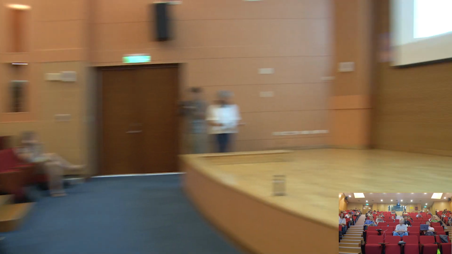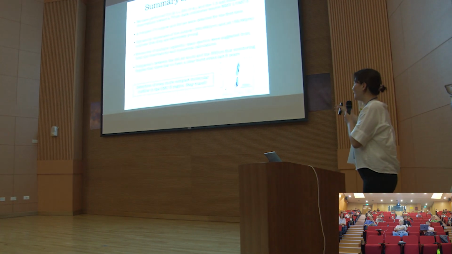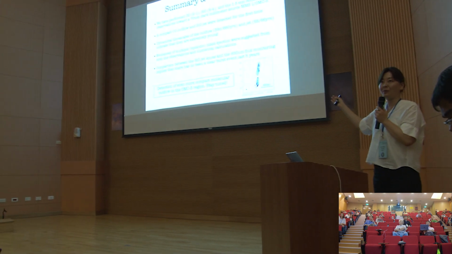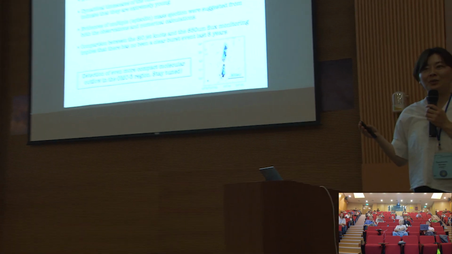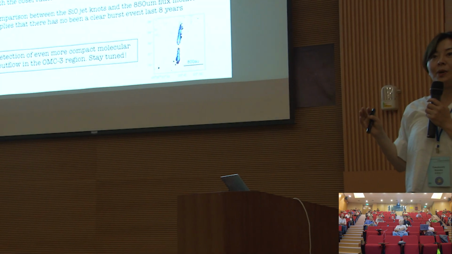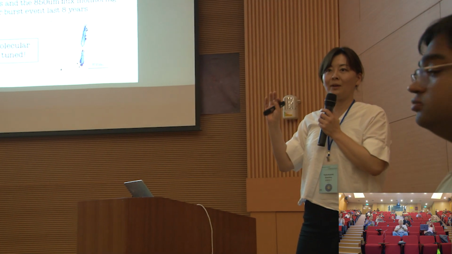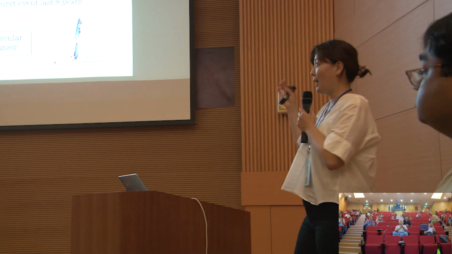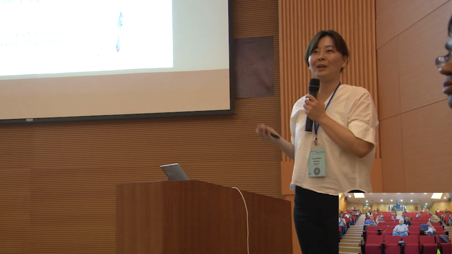So for example, for this source we detected a very compact outflow with ALMA, but with the SMA survey observation the resolution was something like 5 arcsec. Because of the beam dilution, we never detected this kind of compact jet. So this is the thing with ALMA: it is a sensitivity plus resolution effect, and we started to see this compact jet and all.